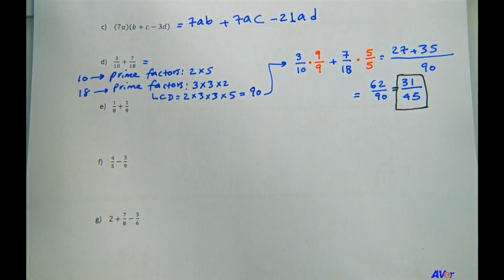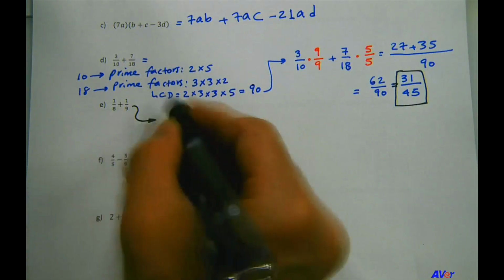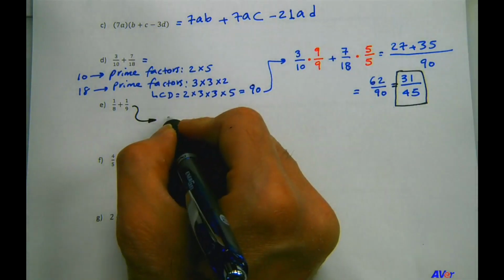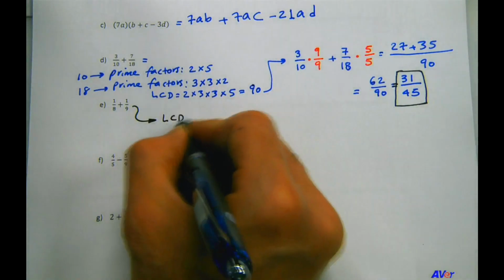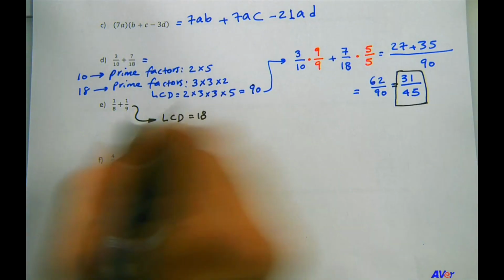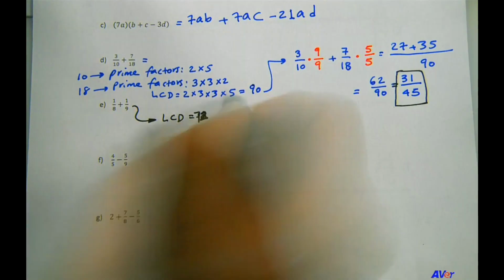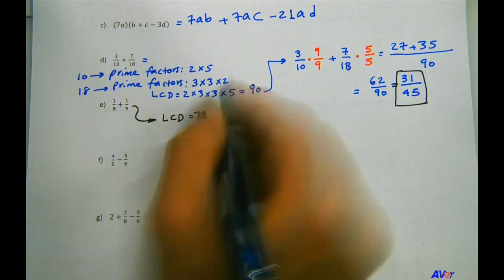So we have, in this case, let me write it here. So LCD is equal to 72. No, I was thinking about something else. 72. LCD is 72.